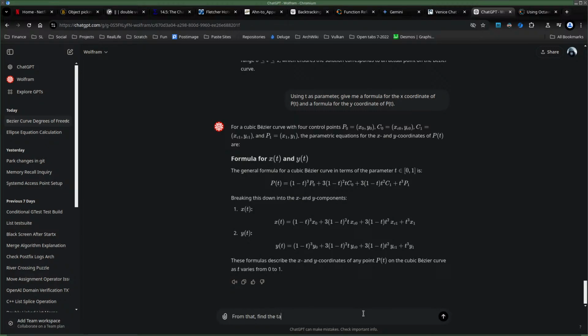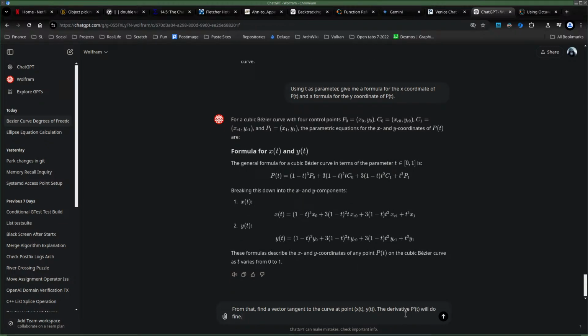From that, find the tangent. Well, let's from that find the vector tangent to the curve at point (x(t), y(t)). The derivative P'(t) will do fine.